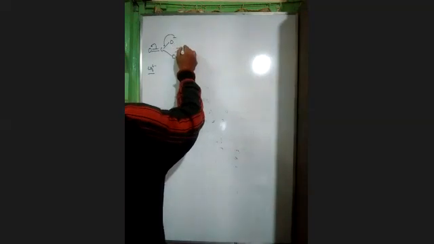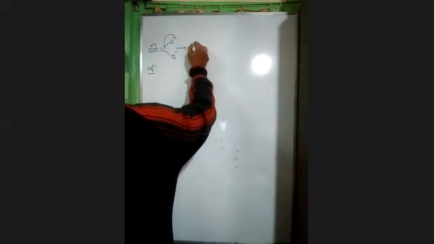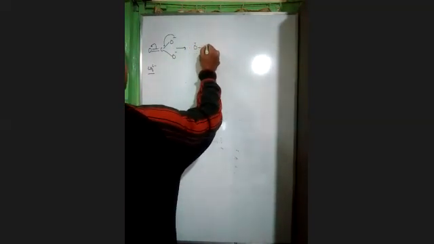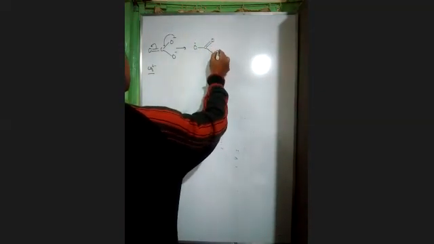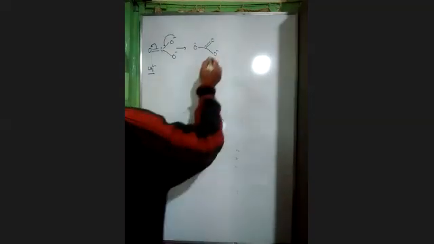It can happen because this electron, which I have drawn here, belongs to the p orbital. This p electron is moving and taking part in the pi bond. So what have you got now?